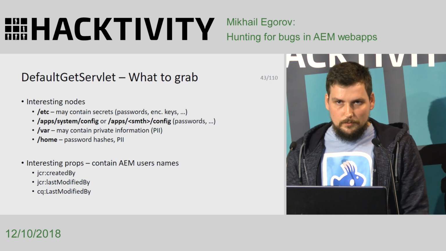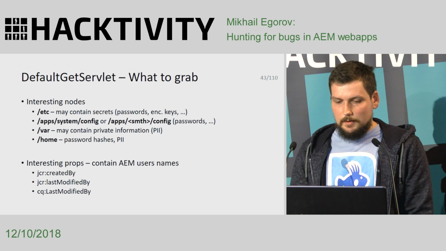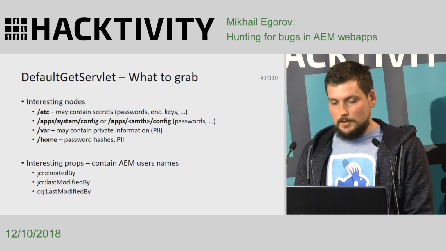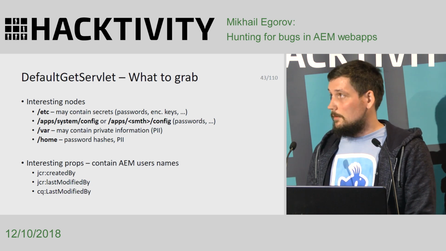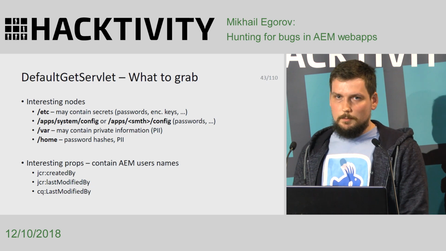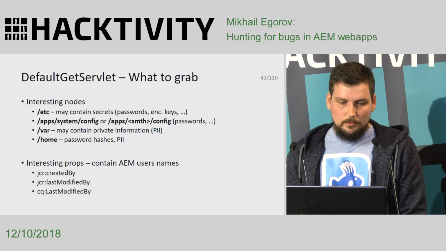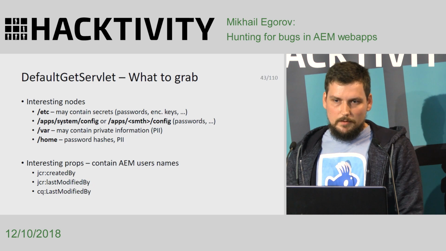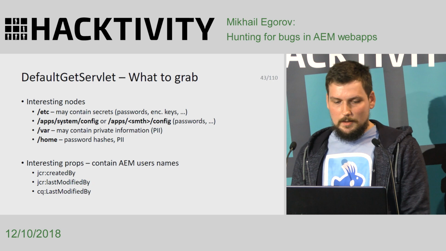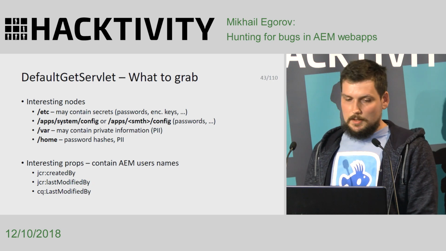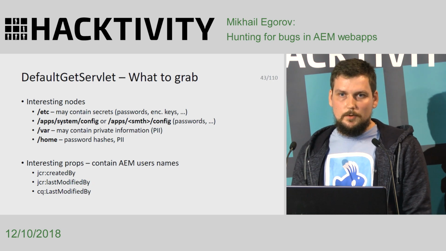And children nodes of home can contain profiles for AEM users with hashed passwords. And normally properties like jcr:createdBy, jcr:lastModifiedBy, cq:lastModifiedBy of any node contain login names for AEM users.